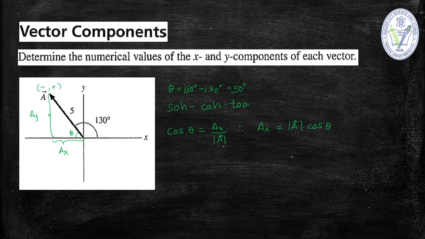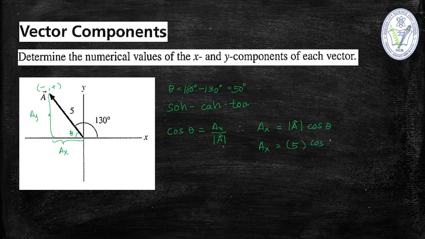And since we have figures for the magnitude and for the direction, we can also have an exact value for our ax.